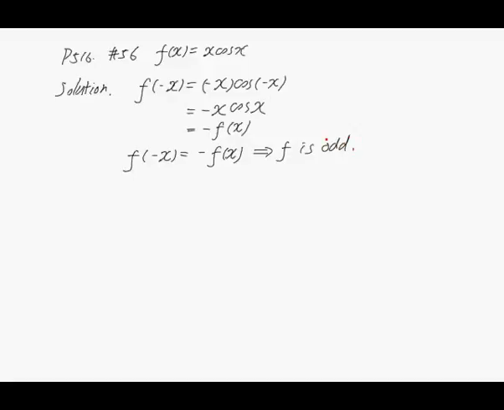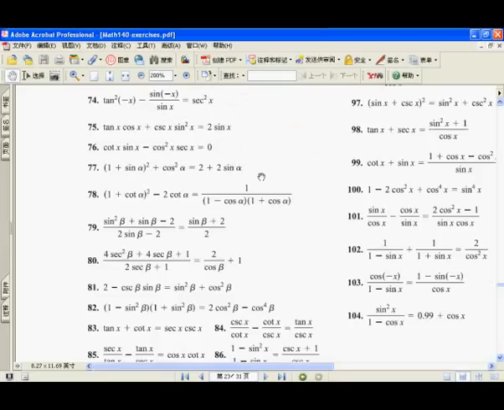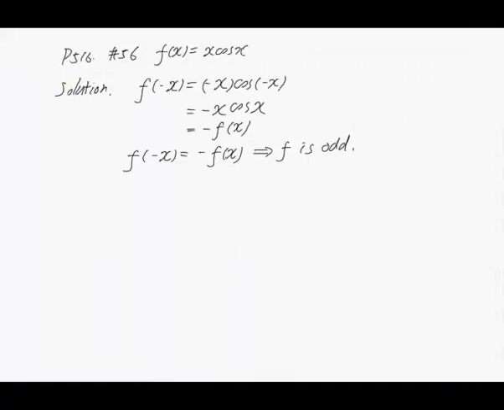Done. Now let's look at section 2, page 525, and let's look at problem 79. We try to verify this identity. So this is page 525, problem 79.